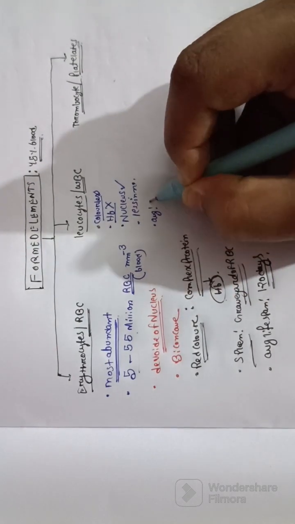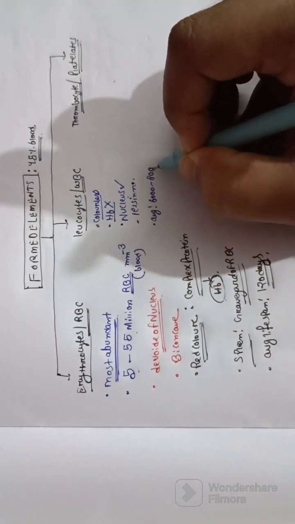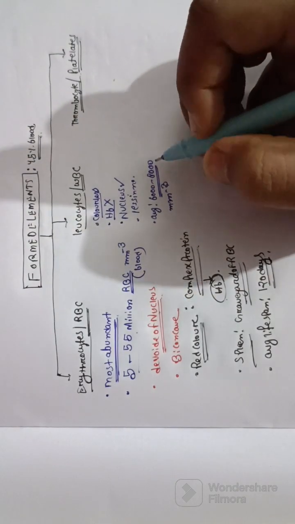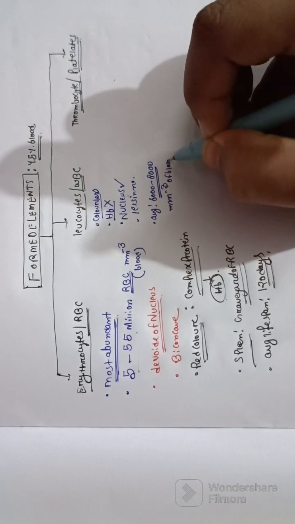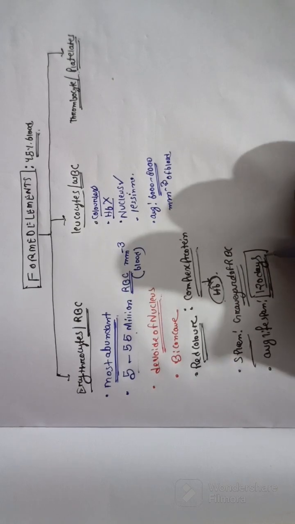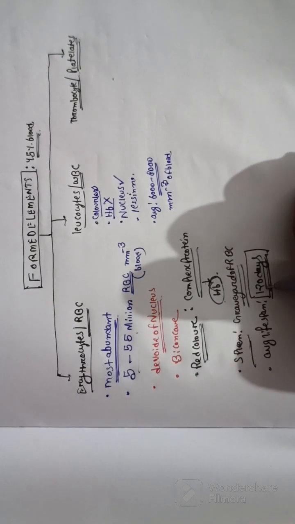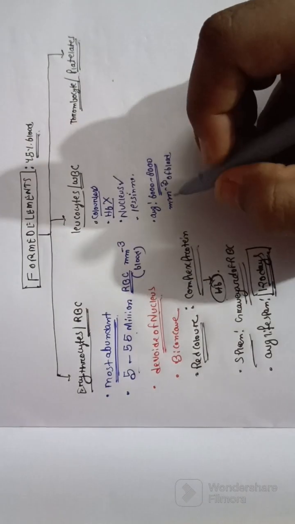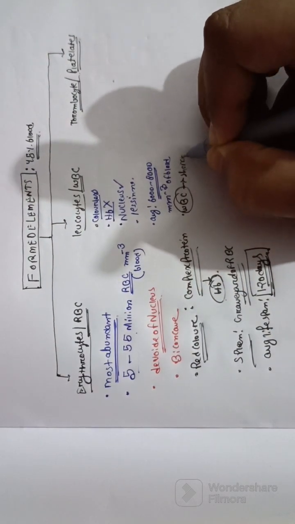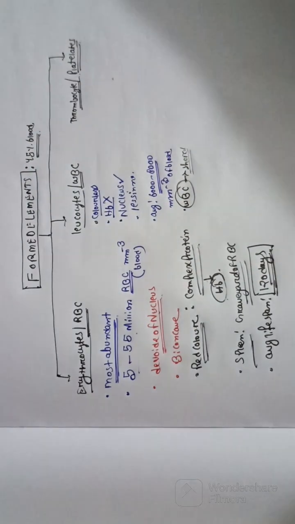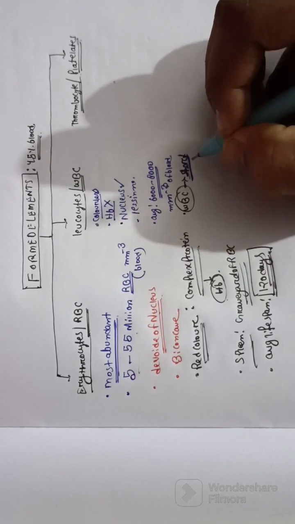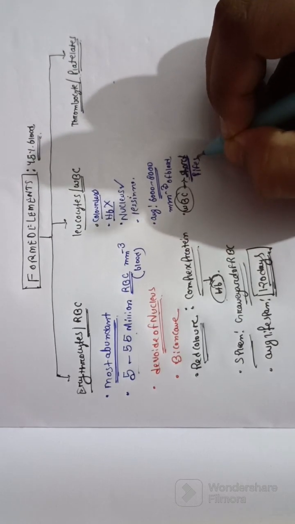On an average, they are present as 6,000 to 8,000 per cubic millimeter of the blood. RBCs were long lived, their lifespan being 120 days. However, WBCs have a very short lifespan.